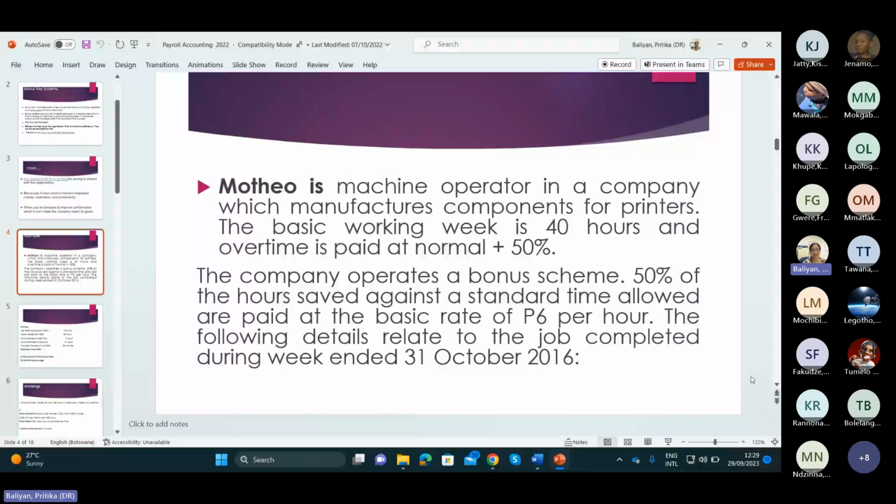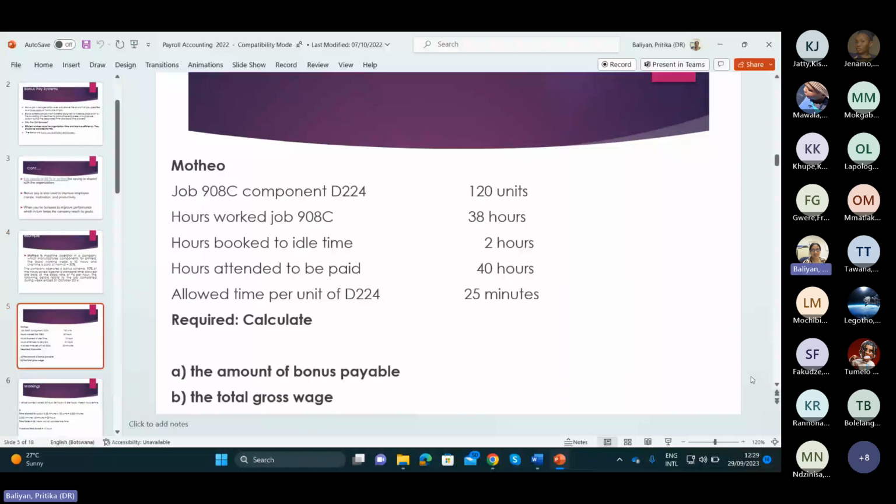Now we have those details regarding Mateo. He actually worked 38 hours, and the 2 hours he was booked to idle time, and in 40 hours he's supposed to produce 120 units.